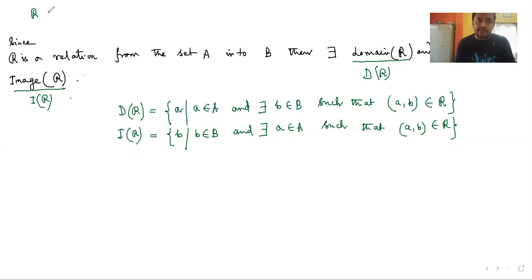Okay, so in the set R, since R is a subset of A cross B, its elements are also ordered pairs.